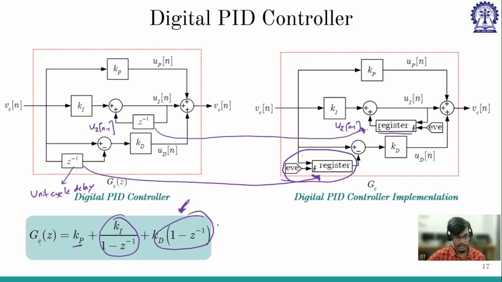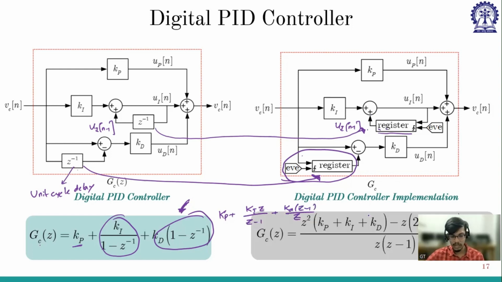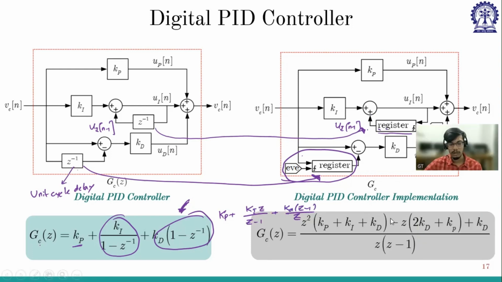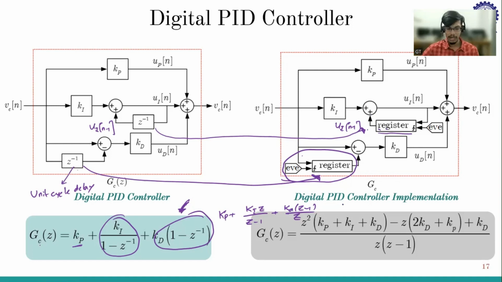If you elaborate it, it will be Ki Z by Z minus 1 plus Kd into Z minus 1 by Z. And if you take common and add all of these things, you will get this final expression, which is Kp plus Ki plus Kd into Z square minus Z into 2Kd plus Kp plus Kd by Z into Z minus 1. This is just to make you understand the mathematical derivation of GC of Z.